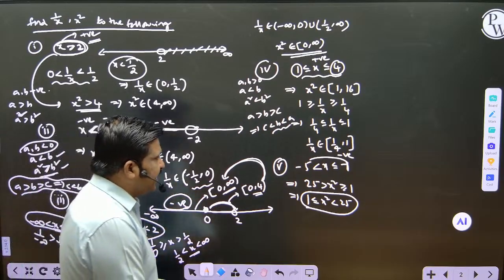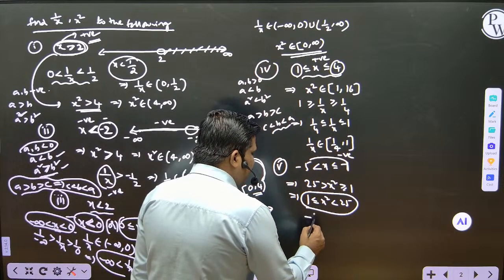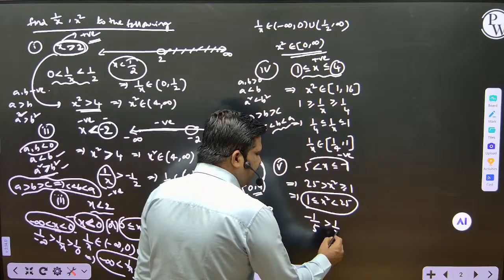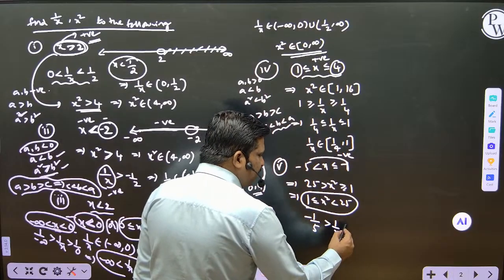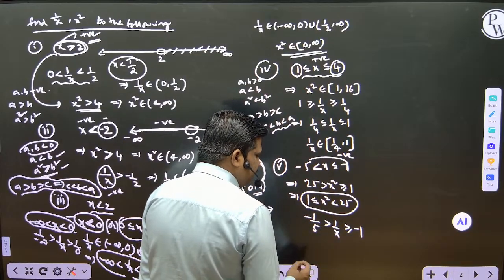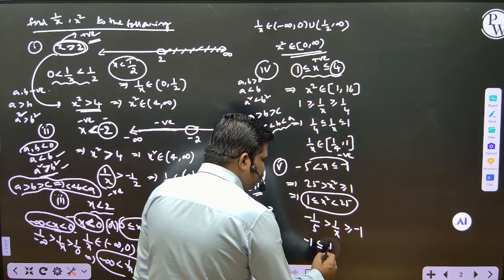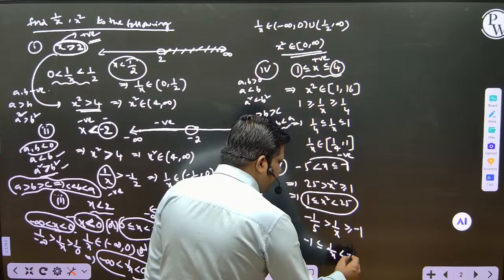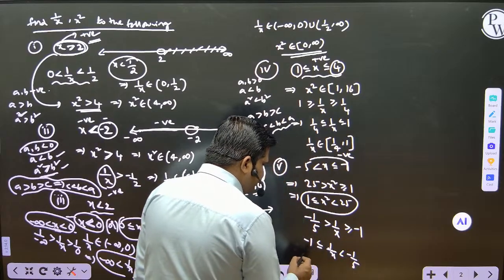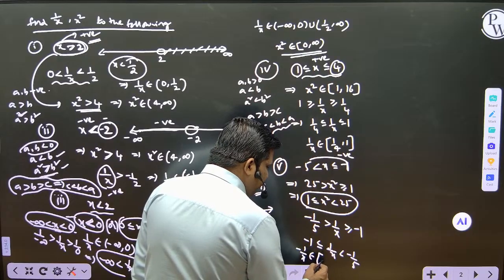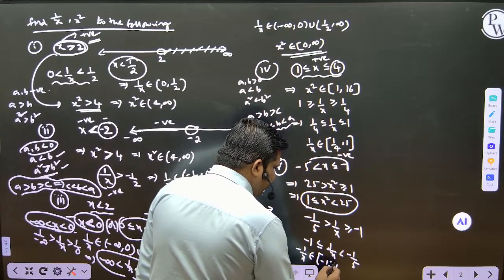So here I can straight away take the reciprocal: minus 1 by 5 greater than 1 by x greater than or equal to minus 1. Then what happened? Minus 1 less than or equal to 1 by x less than minus 1 by 5. So 1 by x belongs to [minus 1, minus 1 by 5).